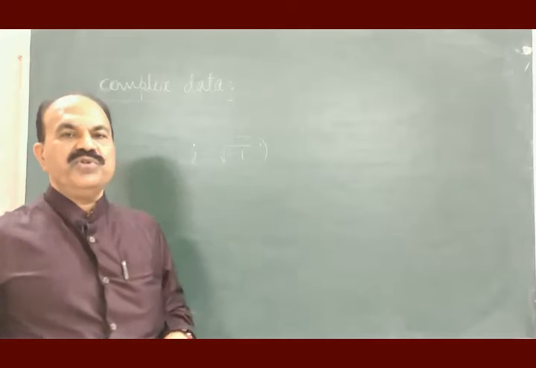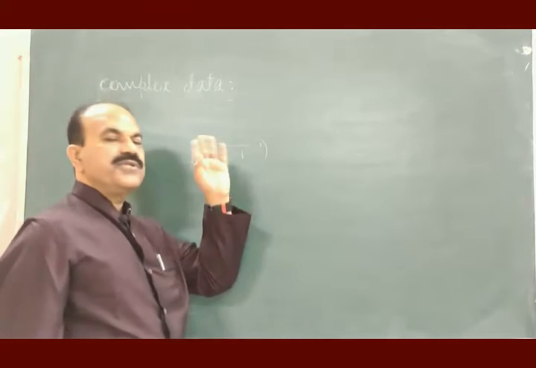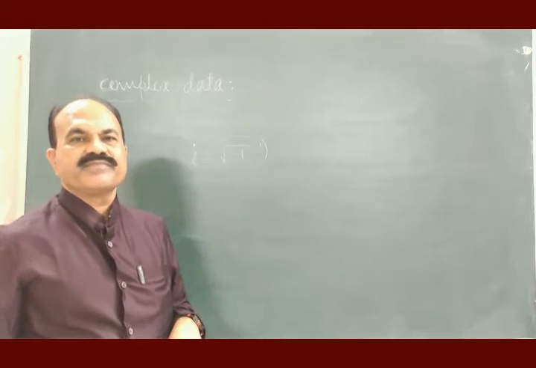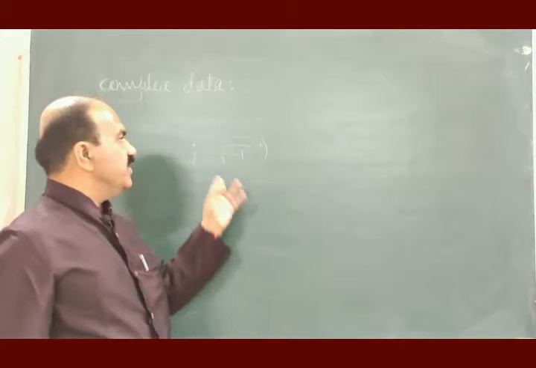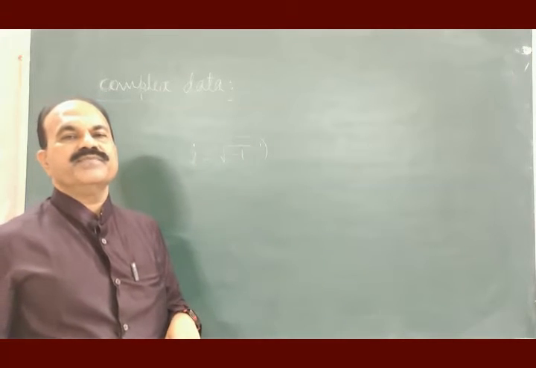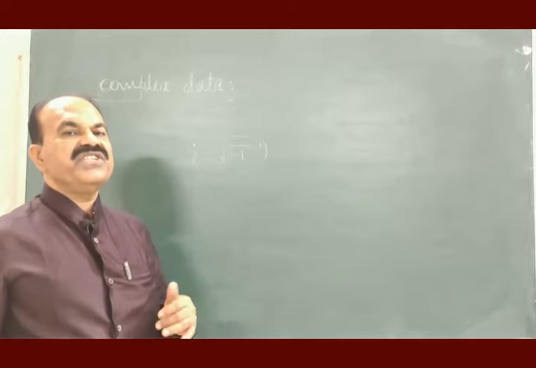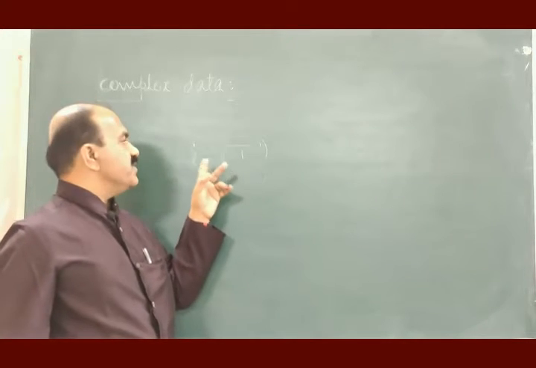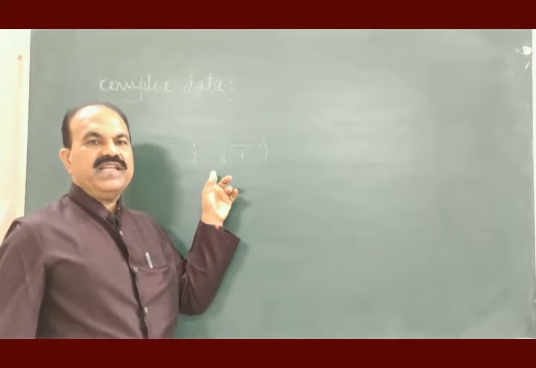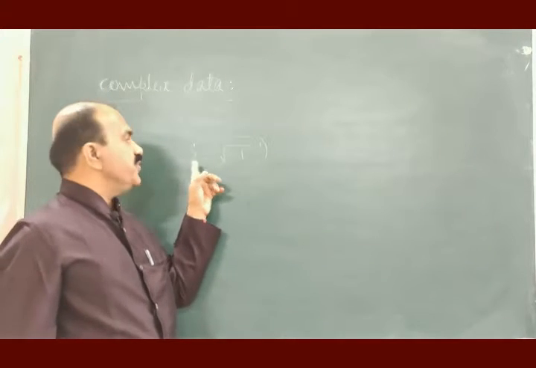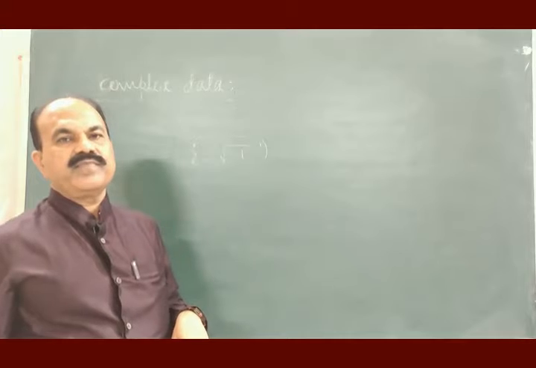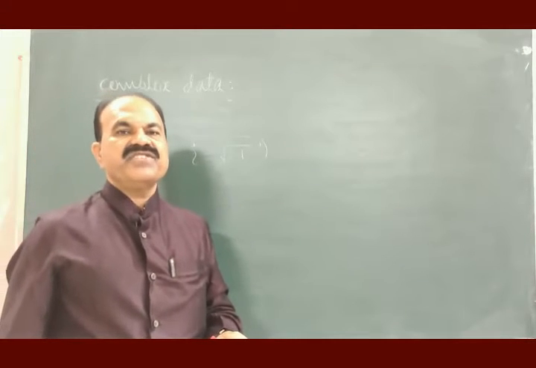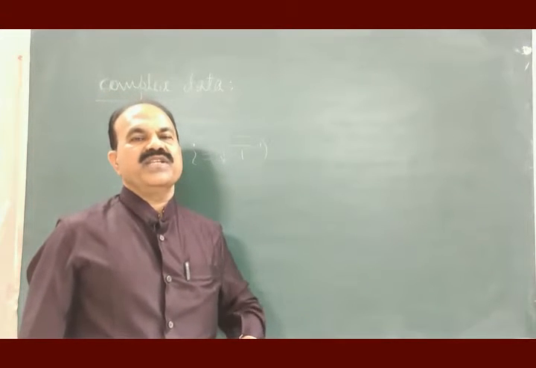It is not possible to get square root of -1, and therefore we consider square root of -1 as an imaginary term. Square root of -1 is represented by the letter I, and so this I is the imaginary term in a complex number.